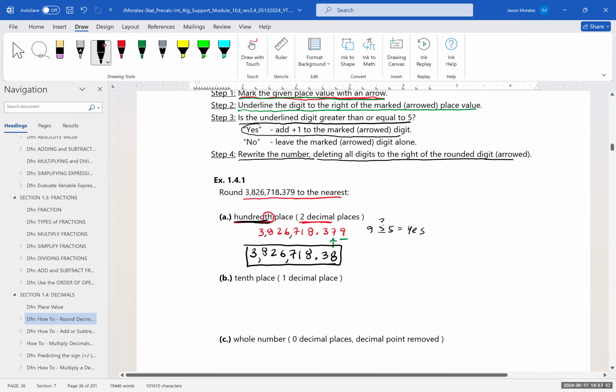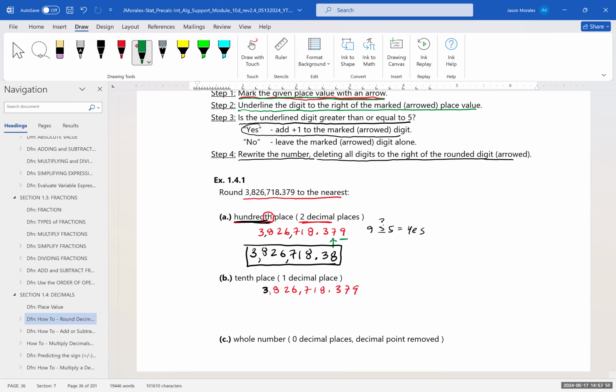All right, let's look at the 10th place. So let's write down this number again. The first step is to mark the place that we're rounding to. Notice here that it's got this th suffix to it, which means it's going to be in the fractional part.